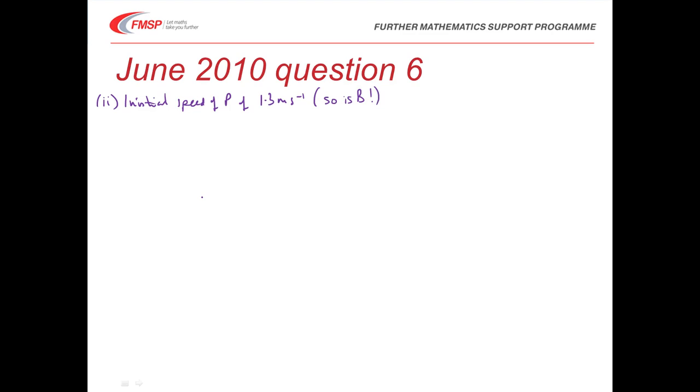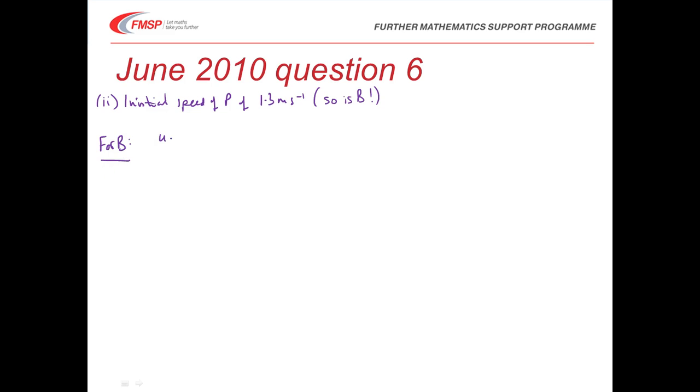The question says calculate the distance B moves up the slope before coming to rest, given that P hits the ground after 1.5 meters. So the first thing I'd like to know is, how fast is B going when P hits the ground after 1.5 meters? Well, what do I know about B?